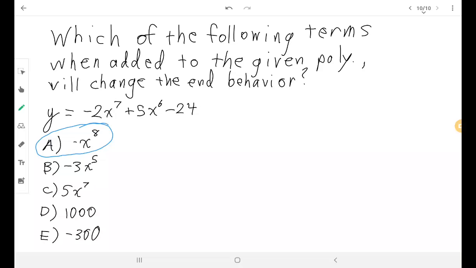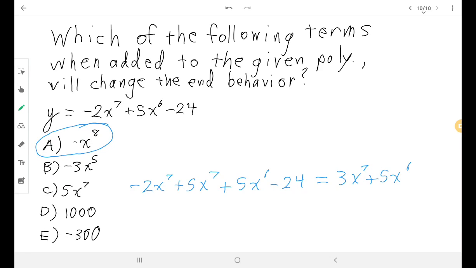Now C. What if I added in C? Let's take a look. What if I did negative 2x to the 7th plus 5x to the 7th, and I had the other stuff in there too, I'll write the other stuff. But all I really need to focus on is these two, right? When I added those two together, negative 2x to the 7th plus 5x to the 7th is positive 3x to the 7th.